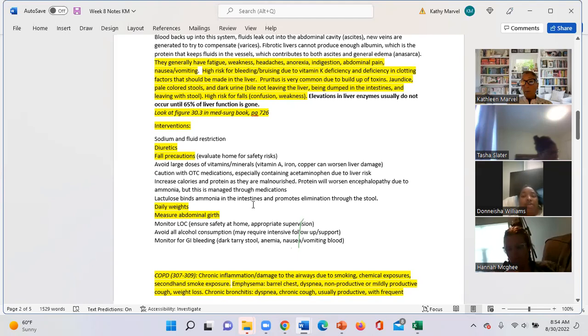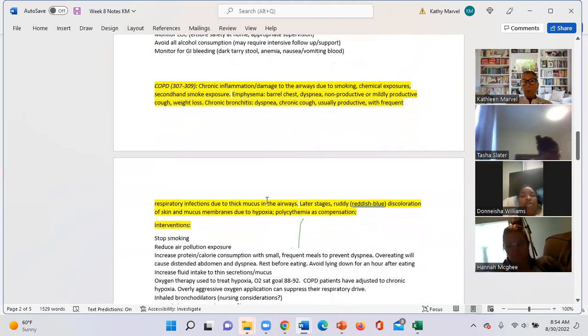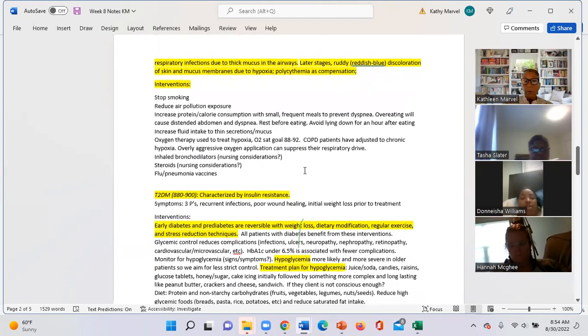Interventions: daily weights and abdominal girth. Okay. Next topic was COPD. Have a look at this section. What is COPD? I assume you guys have studied COPD in med-surg, right? Yes, we have. Okay. So that would be a review.